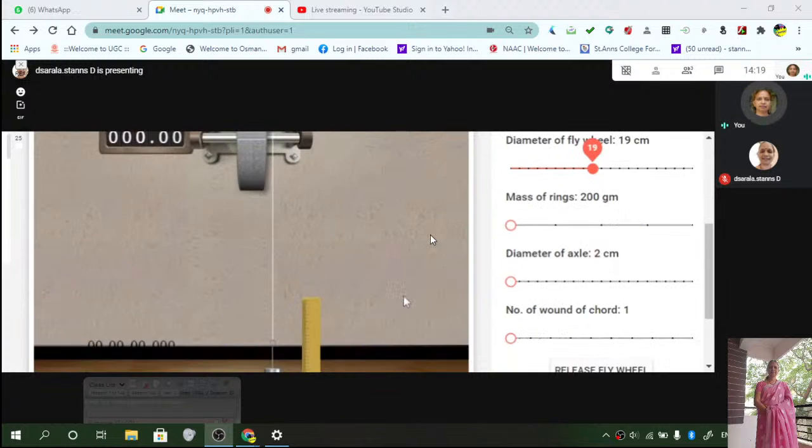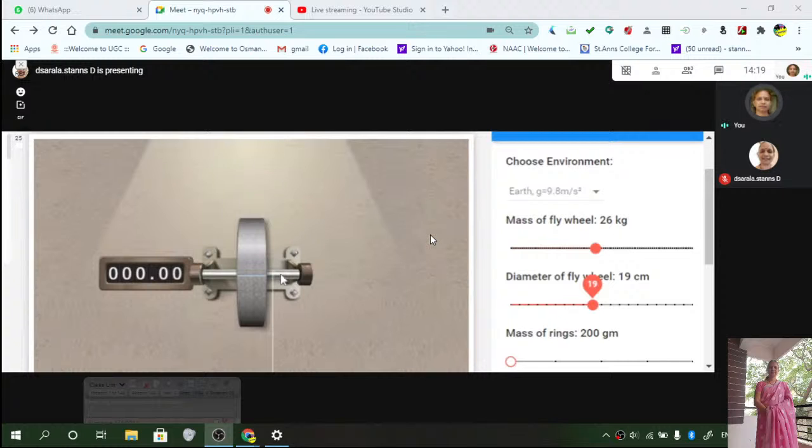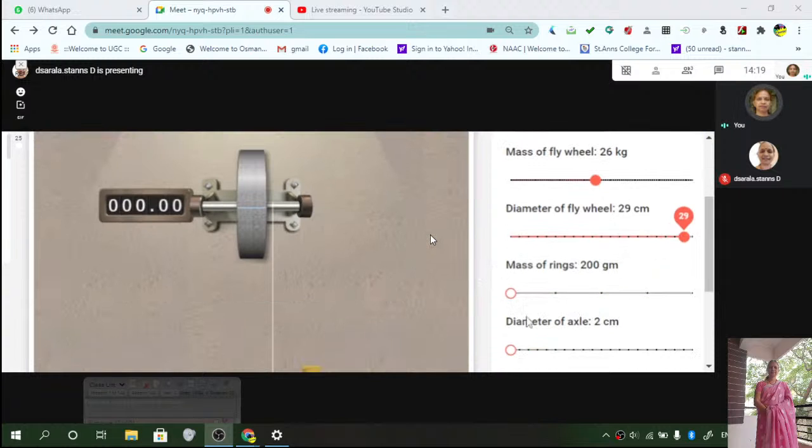Then the diameter of the axle. The axle is this rod, and that can be changed. As you see, as the diameter is increased, it is this axle. The diameter of the axle is this. So it is this which is changed.